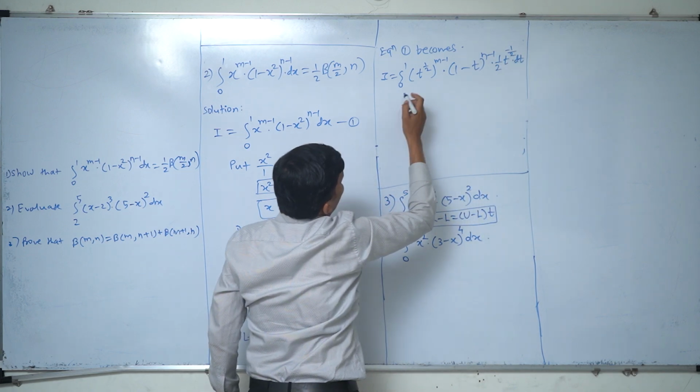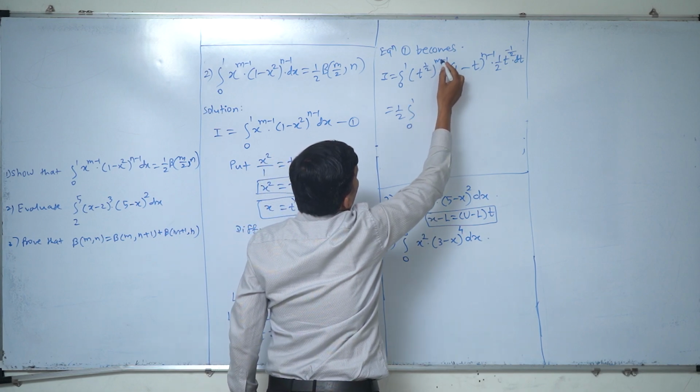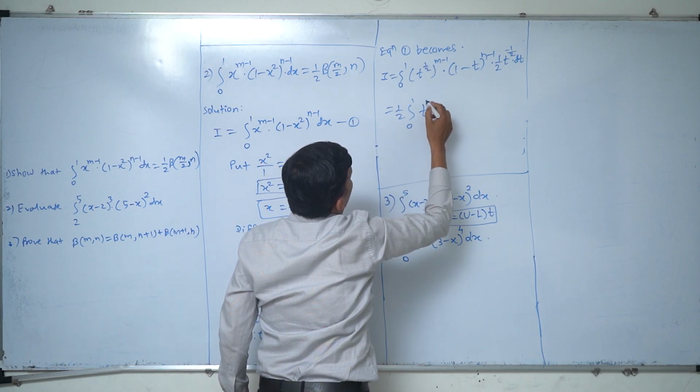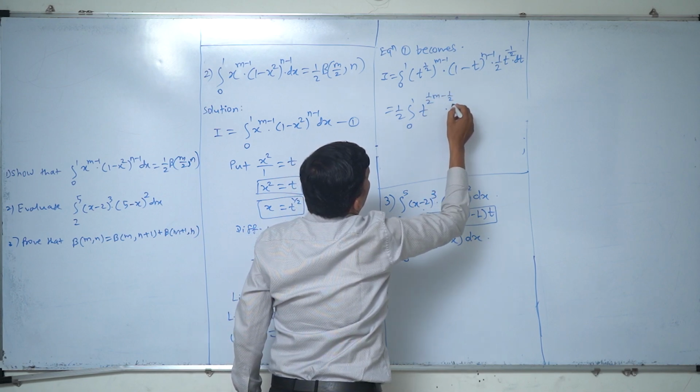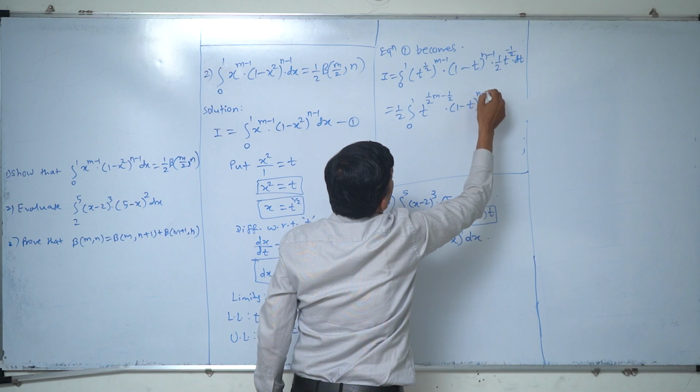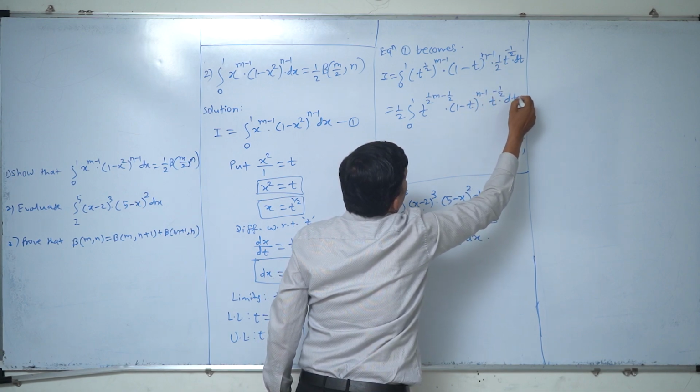Now this 1 by 2 is constant, so write it outside the integral, take the product of these two terms by law of indices.